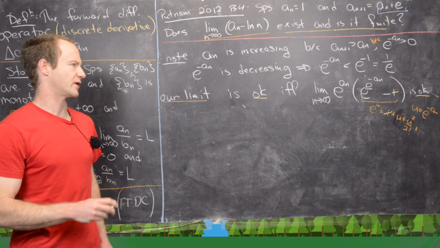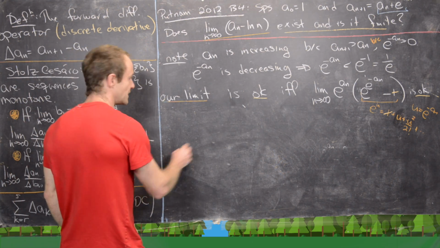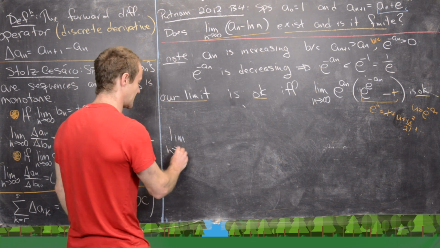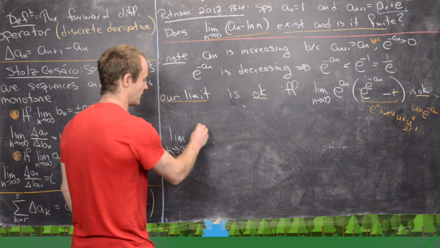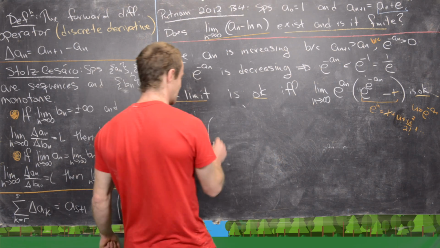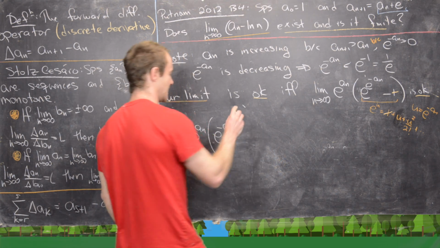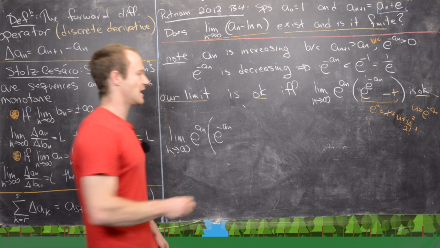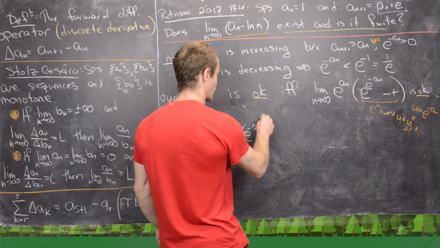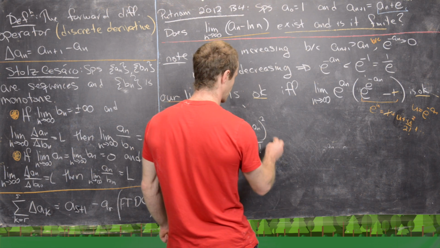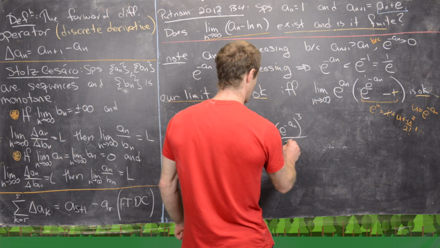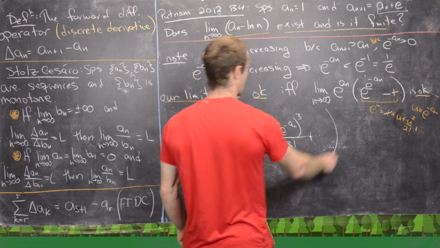And then we're going to be left with a bunch of other stuff. So let's see what we get. So that means this limit right here is going to be the same thing as the limit as n approaches infinity of e to the a_n. That's outside. And then the first term inside is e to the minus a_n. Great. And then the second term inside is e to the minus a_n squared over 2 factorial plus e to the minus a_n cubed over 3 factorial plus dot dot dot.